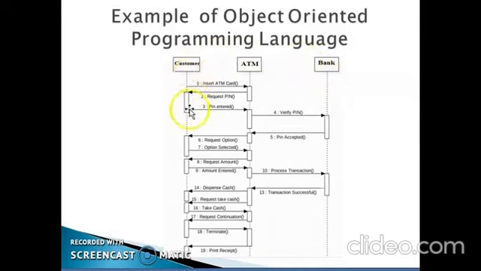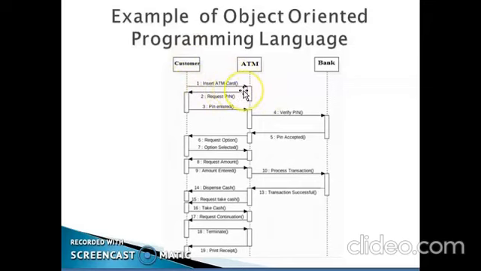Now let us see how these objects interact with each other. So how do they interact? The first thing that the customer does is he inserts his ATM card. So what does this object do? It executes a function. Which function does it execute?